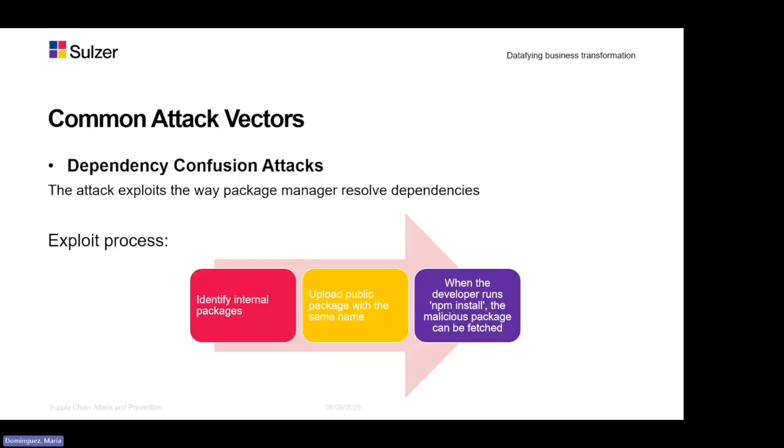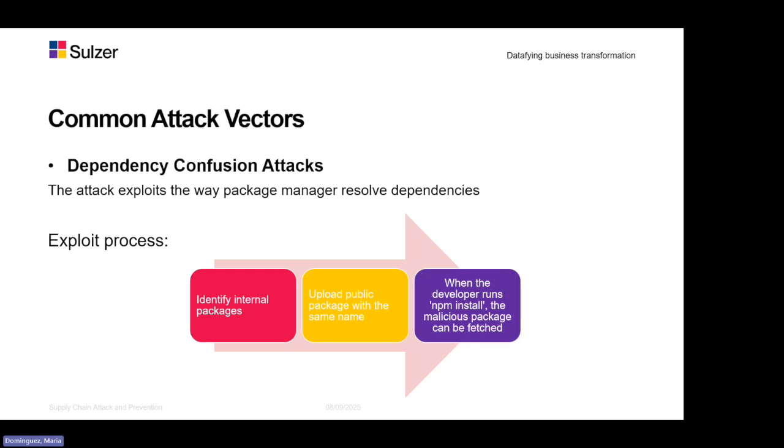Now let's dive into the common attack vectors. Attackers often prey on the complexities of dependency management and even developer habits to exploit vulnerabilities. The first common way they do it would be dependency confusion attacks.